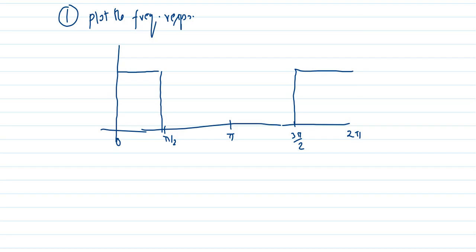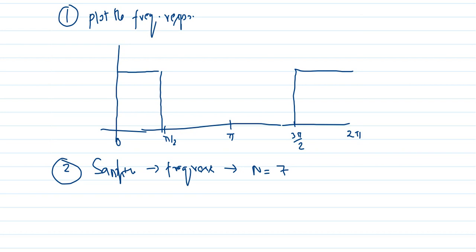Step 2: sample the given frequency response, considering in our question n equal to 7. So we need 7 regions, or 6 samples.